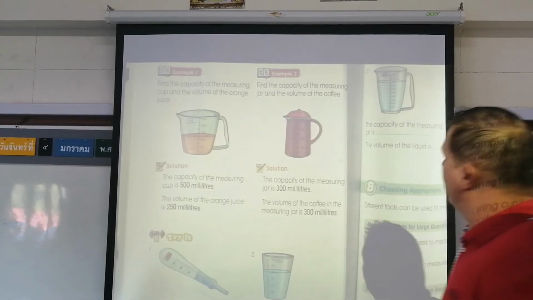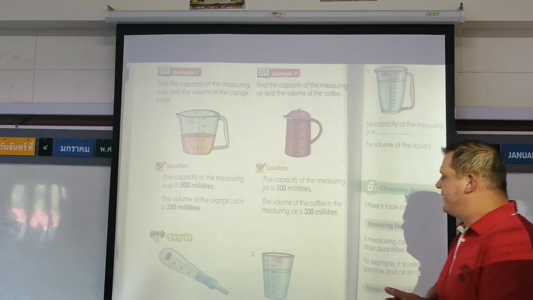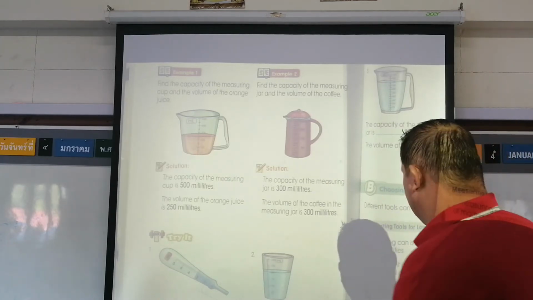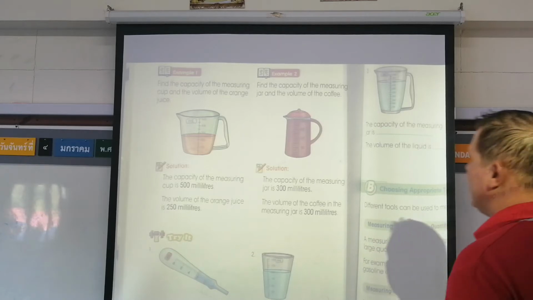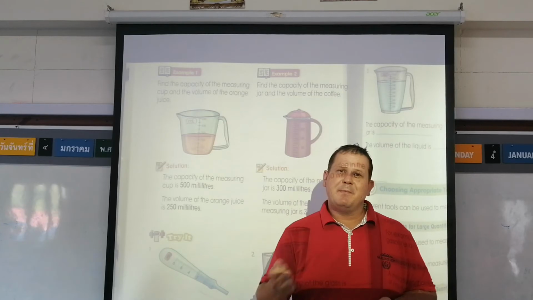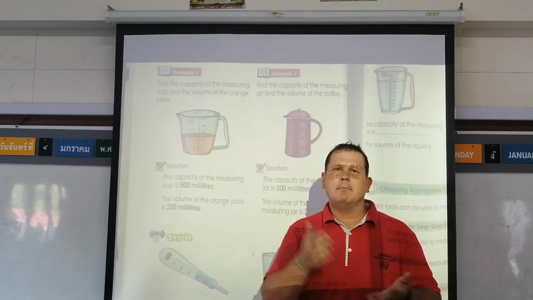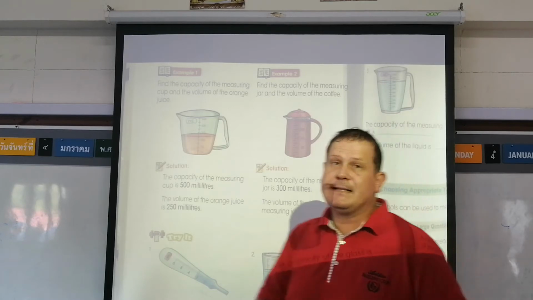And it's filled up all the way to the top, so the volume is also 300 milliliters. Alright guys, so milliliters would be the appropriate way of measurement when we're measuring liquids like water, milk, or cooking oil. Alright, let's see what's next.